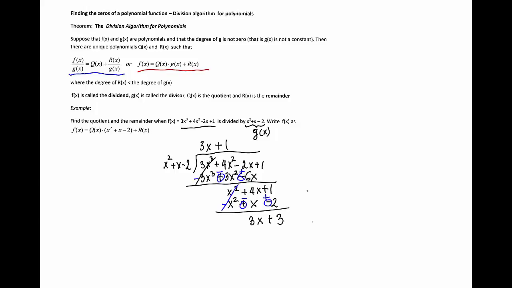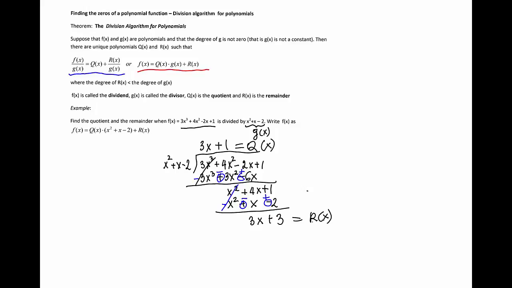The degree of 3x plus 3 is less than the degree of the divisor, so we stop here. This is the remainder. And the expression 3x plus 1 is q of x.